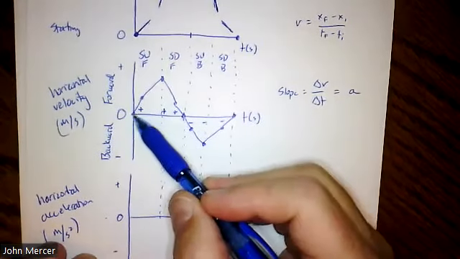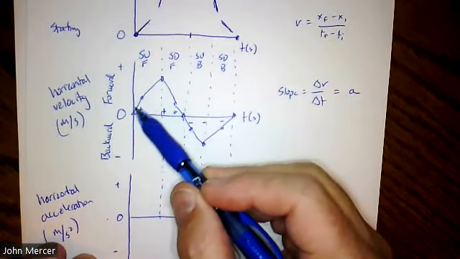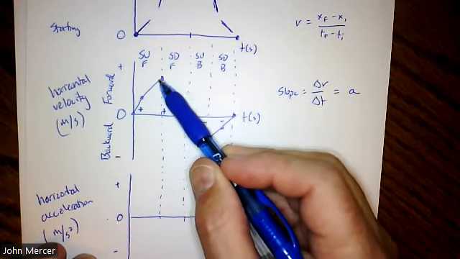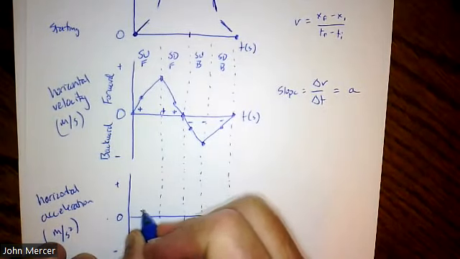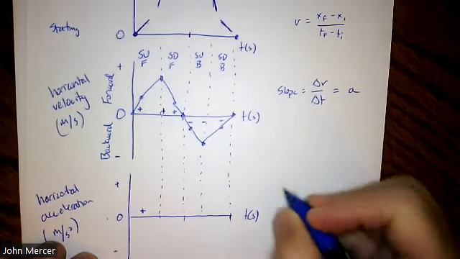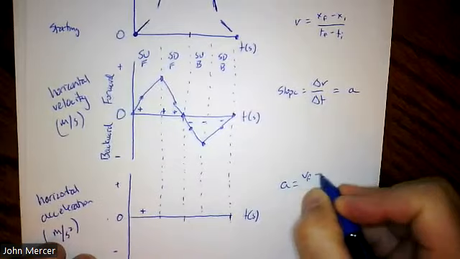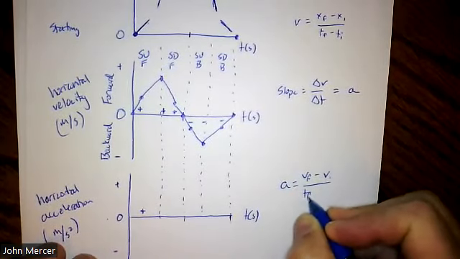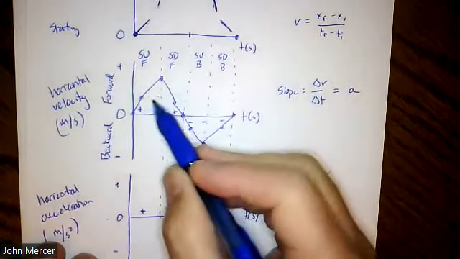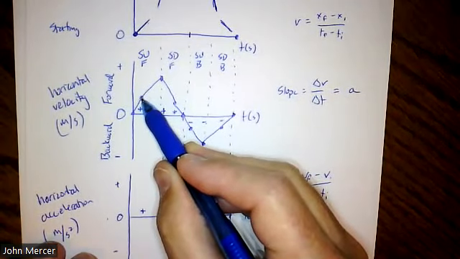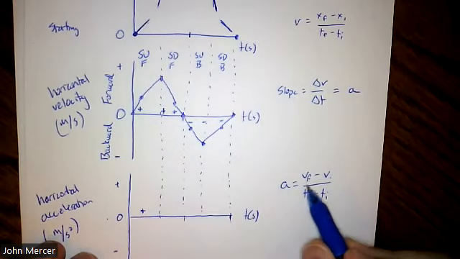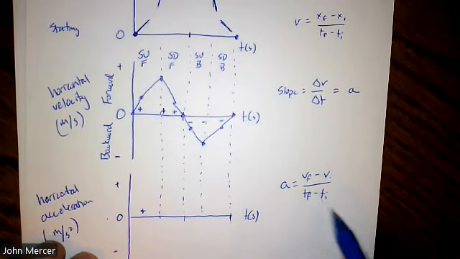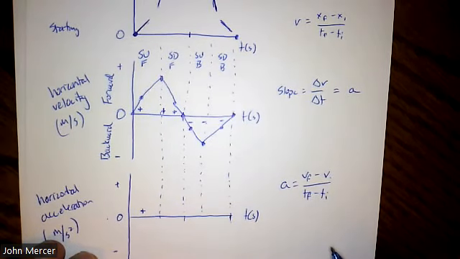Well, let's do that. What direction are these slopes anywhere in this region? Anywhere in this region, the slopes are positive. Well, acceleration has to be positive. Why? Because a equals vf minus vi over tf minus ti. If velocity is 2 meters per second final, over zero, maybe starting at 0 meters per second, 2 minus 0 divided by any period of time is going to be a positive number for acceleration.